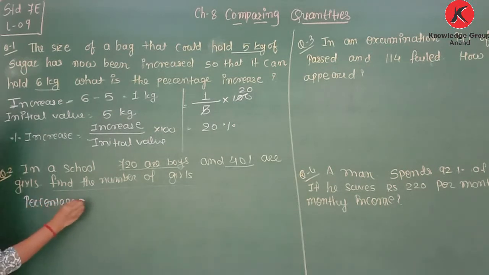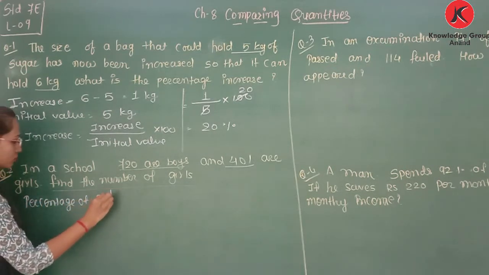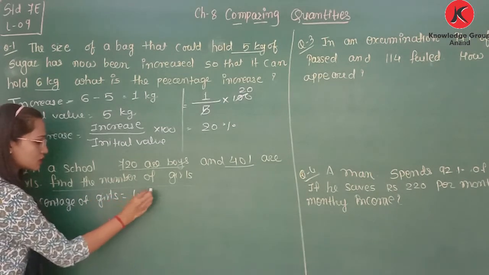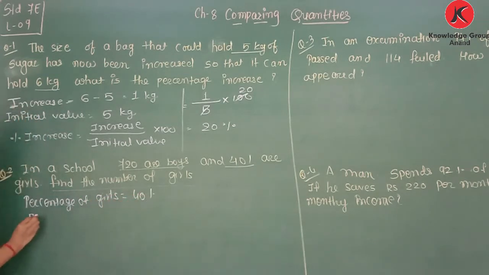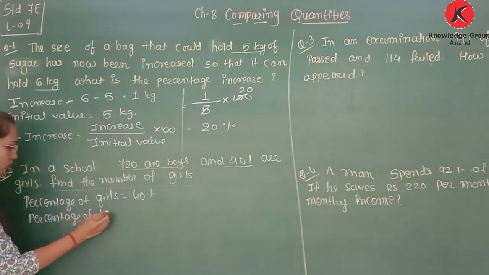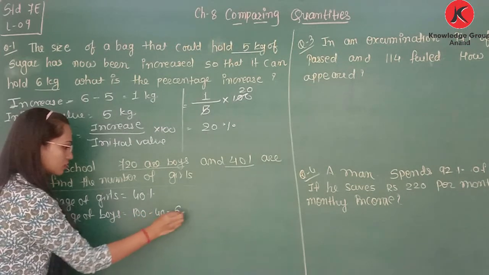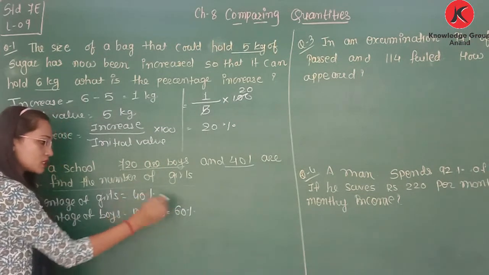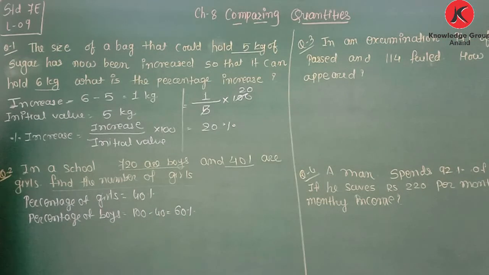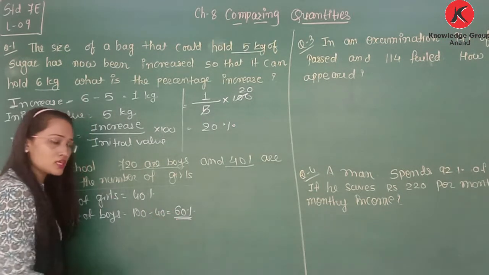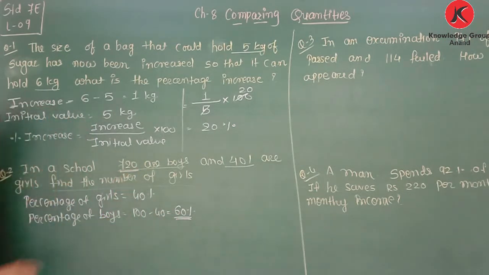So percentage of girls is 40%. So the percentage of boys will be what? 100 minus 40, that is 60%. It means 40% girls, 60% boys. Now the percentage of boys and number of boys are given.